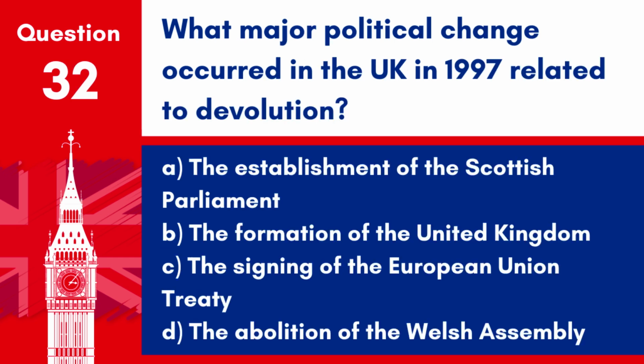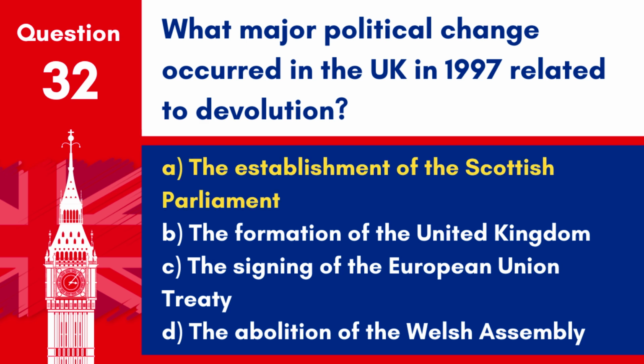Question 32. What major political change occurred in the UK in 1997 related to devolution? A. The establishment of the Scottish Parliament. B. The formation of the United Kingdom. C. The signing of the European Union Treaty. D. The abolition of the Welsh Assembly.